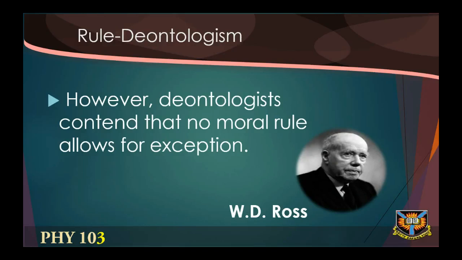In an attempt to resolve the problem of conflicting moral rules, Ross came up with the dichotomy between prima facie duties and actual duties. Prima facie duties are the duties one has, everything being equal. That is, if other moral considerations do not intervene.